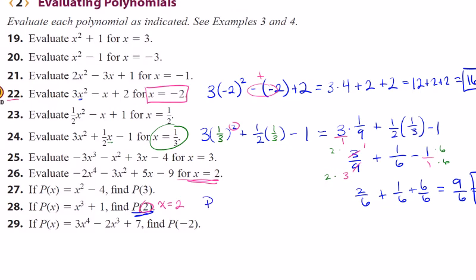And so p of 2 equals, it's x cubed plus 1, but instead of the x, we're going to put in that 2. Okay, so you put a 2 in for where x was, and now you just evaluate it just like we did before. So 2 cubed is 8, plus 1 equals 9. So p of 2 equals 9. All right, and remember, once again, we didn't do anything with the left side of the equation. We just evaluated the right side of the equation. So that's how function notation works.